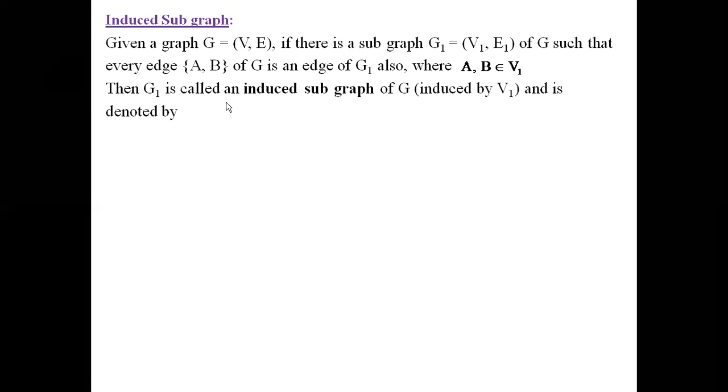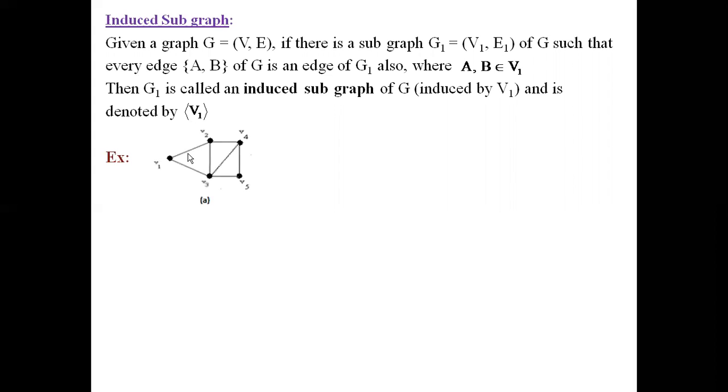In such a case, G1 is called the induced subgraph of G, induced by the vertex set V1, usually denoted by V1 within brackets.